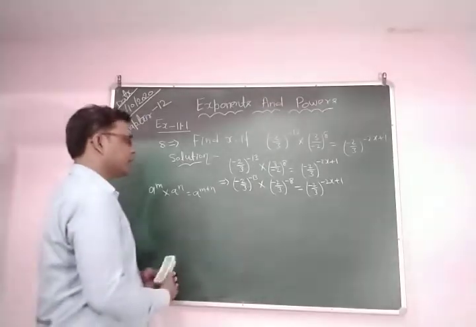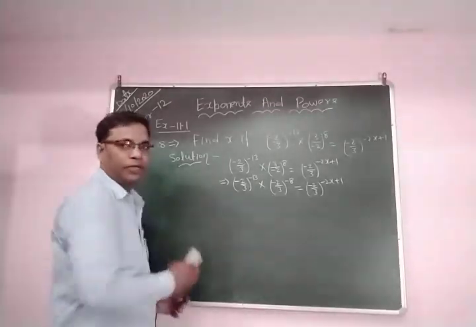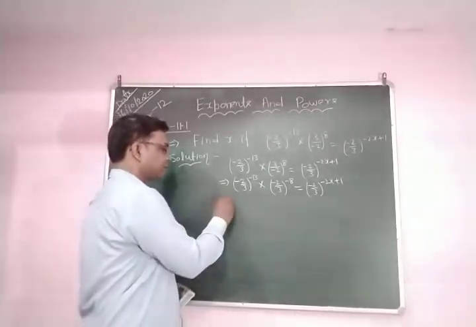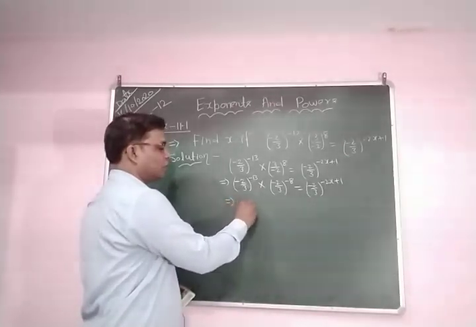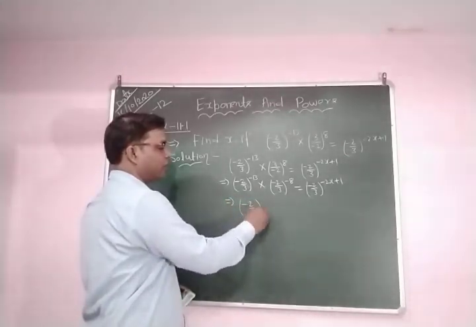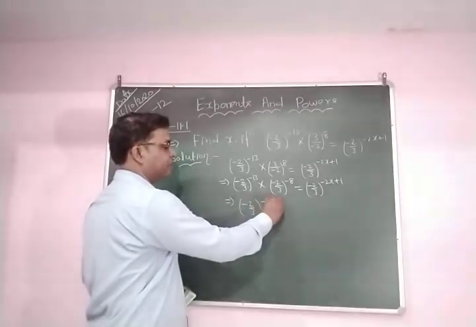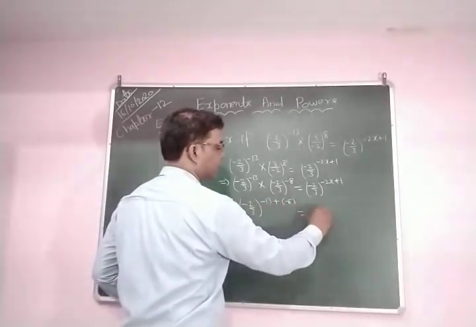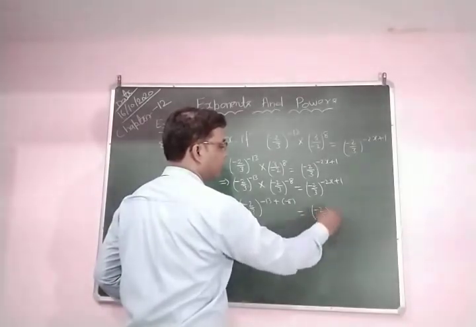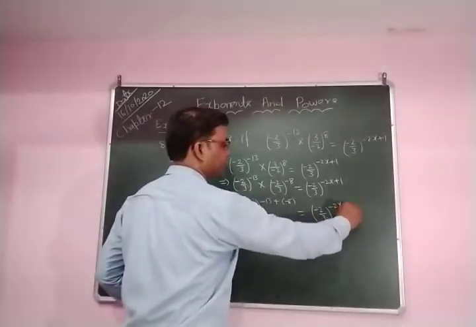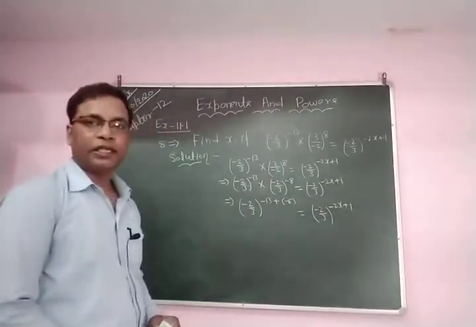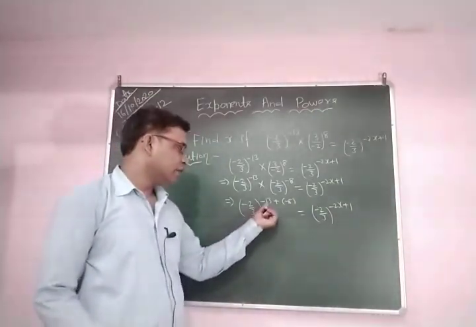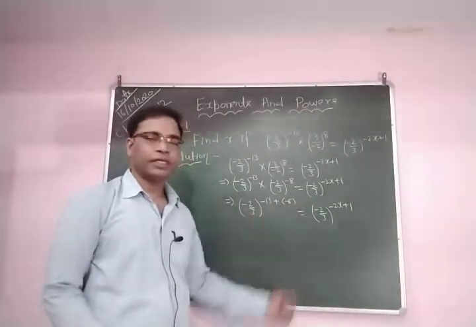So we can write according to this law of exponents, minus 2 by 3 whole power minus 13 plus minus 8. This is equal to minus 2 by 3 whole power minus 2x plus 1. This is clear? Now here you can see minus 13 plus minus 8.